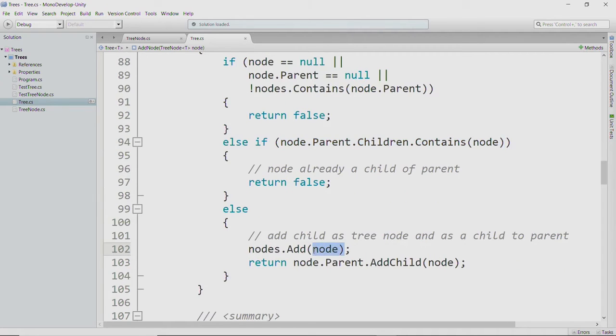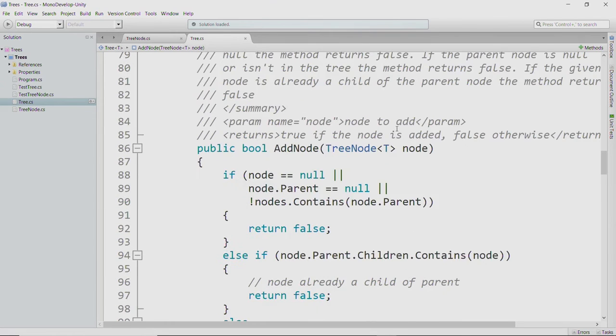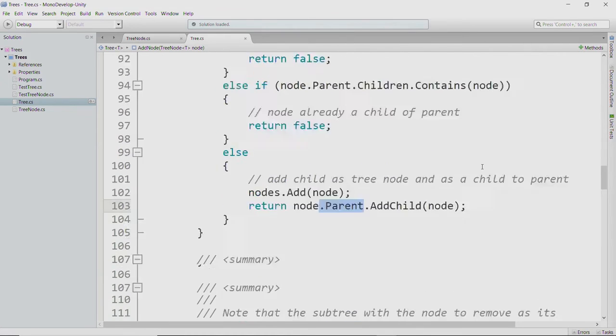Adding a node to the list of nodes is order n if we have to expand the list. And adding a child is order n, where n is the number of children that the parent has, which in the worst case could be n minus 1 children, where we have a very shallow tree where the root has all the children and nothing goes lower than those children. So we have a bunch of order n's here. So the add node operation is order n.